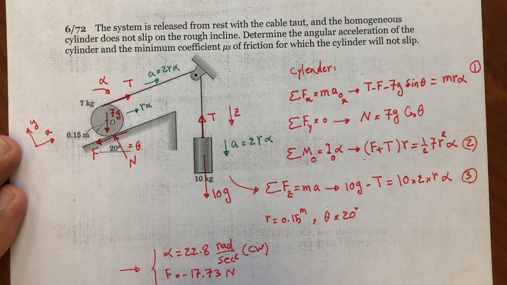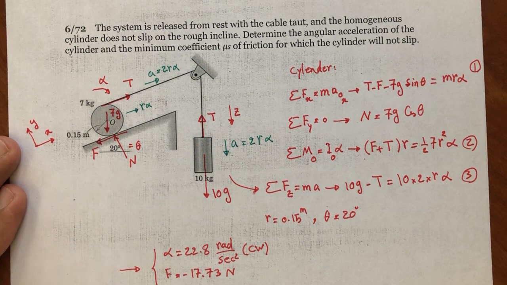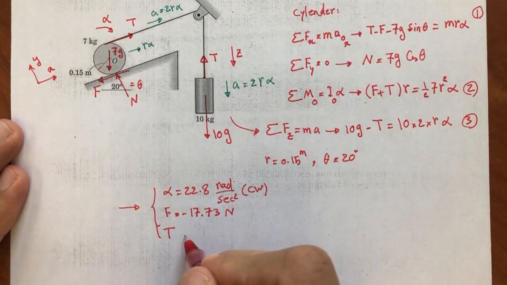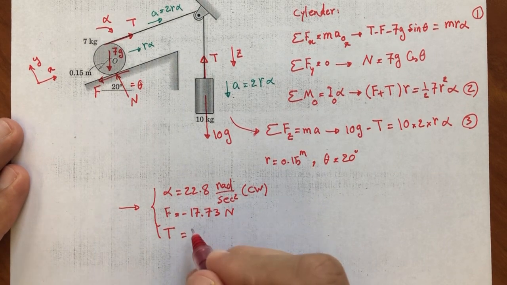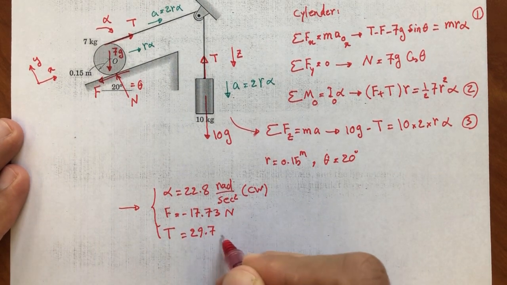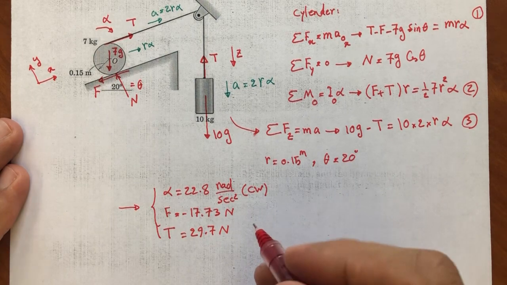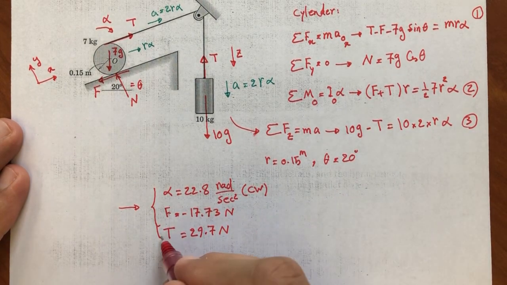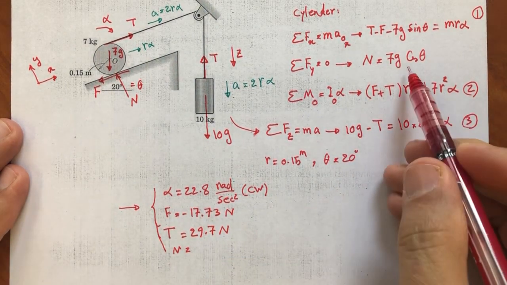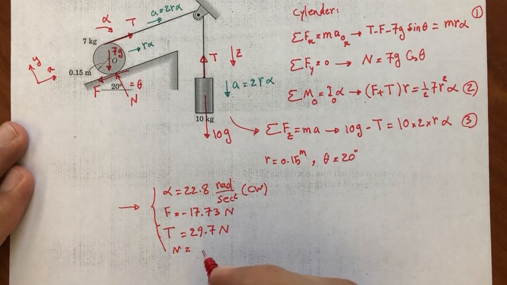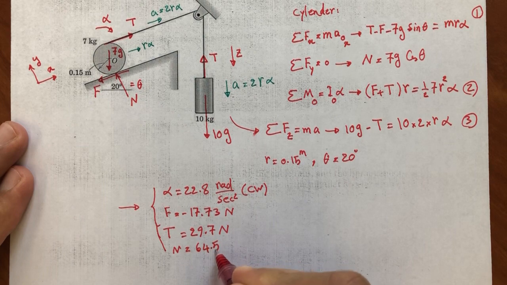That's all. So we don't need to change anything, and everything is correct. And also the tension of the cable is going to turn out to be 29.7 Newton, and also the normal force, which we got here, is going to be 64.5 Newton.